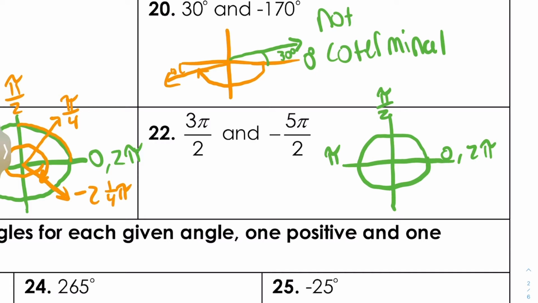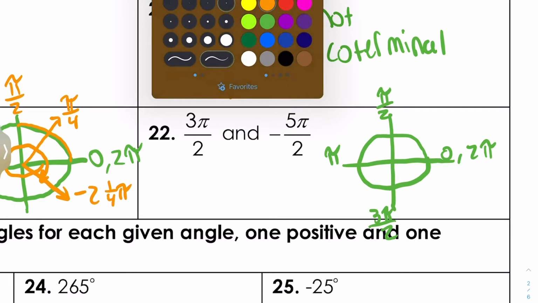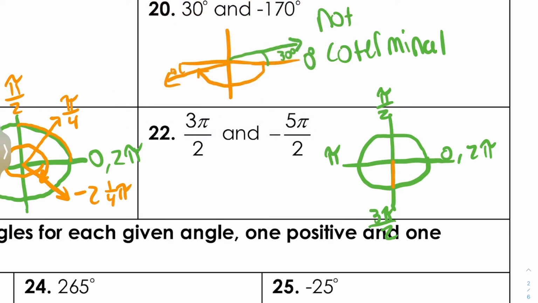Going straight down is another pi over 2 after pi, which makes 3 pi over 2. And that's what they want for our first angle. They want it to go straight down, 3 pi over 2 away from 0.